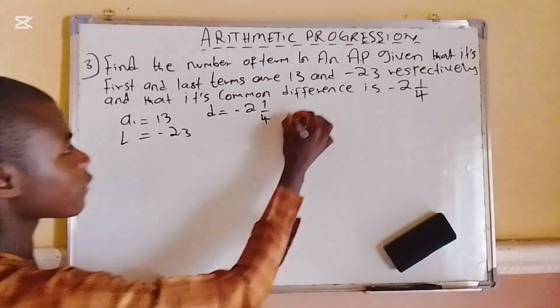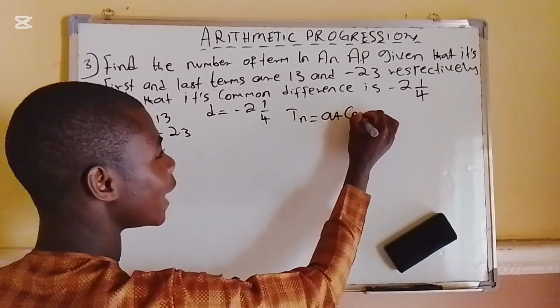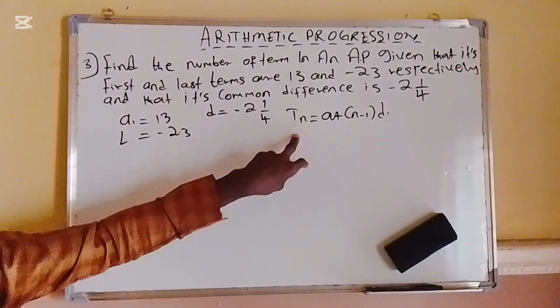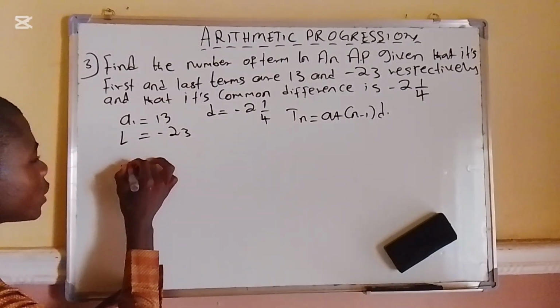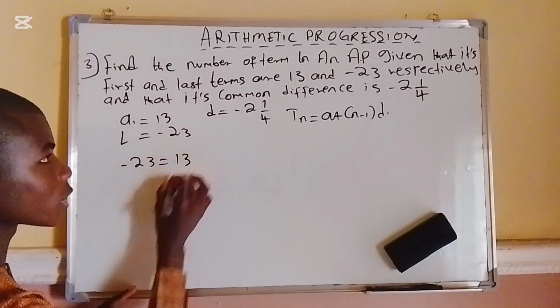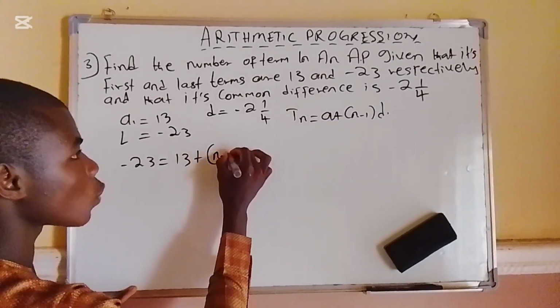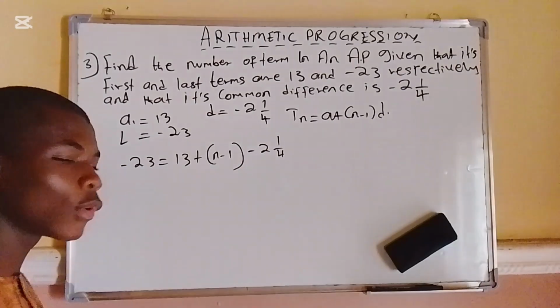If we remember, the formula says t of n is equal to a plus n minus 1 into d. The t of n will be the last term. So the last term, which is minus 23, is equal to the first term, which is 13, plus n minus 1 into the common difference, which is minus 2 whole number 1 over 4.